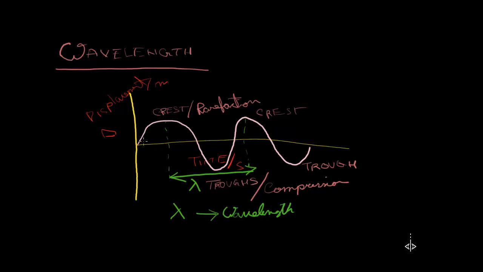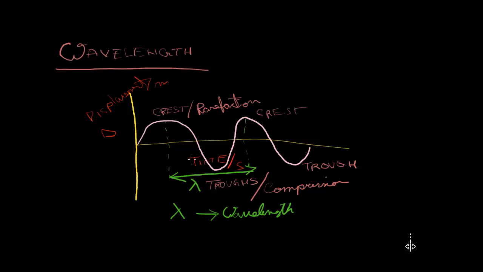The displacement for a particular particle is increasing with time in the positive direction, then the displacement is decreasing, then finally to the rest mean position, and then again it is increasing in the negative direction and then coming back to the mean position. That is one complete cycle.